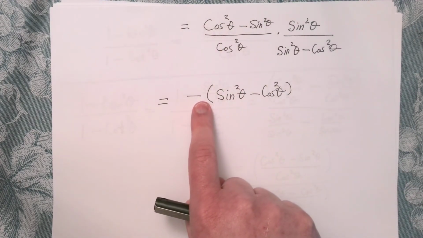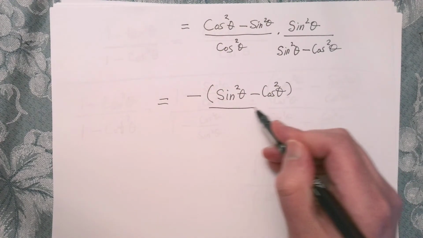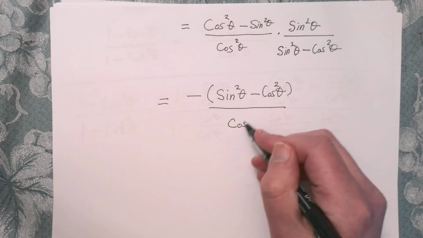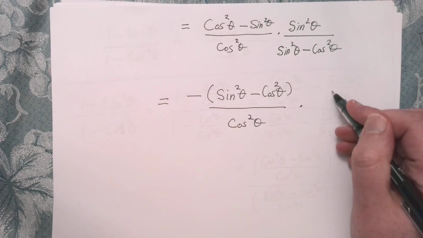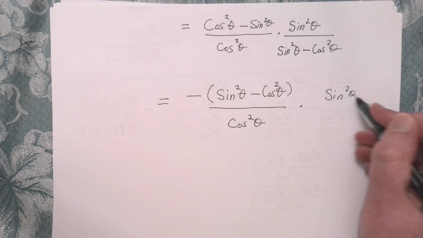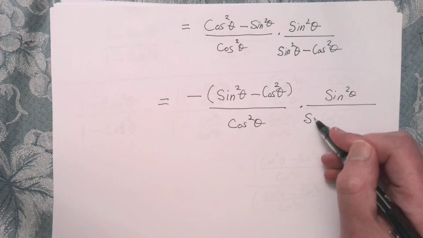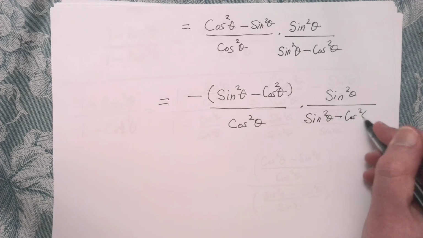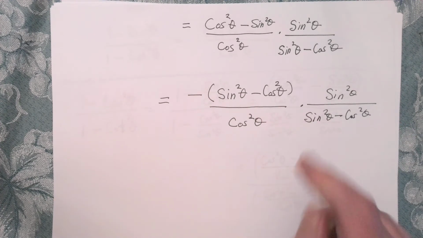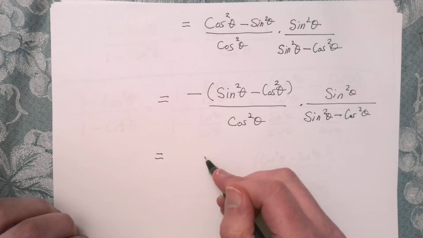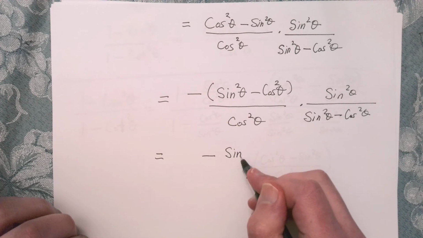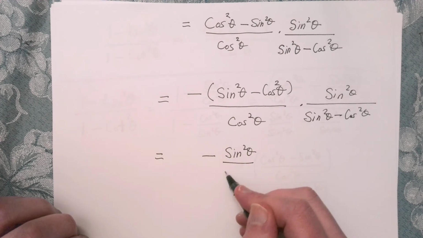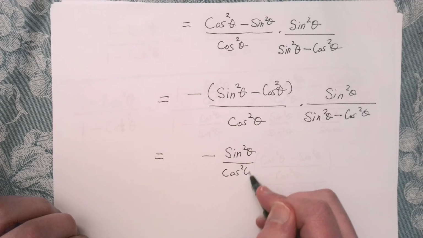So that factorization of -1 is fine. Okay, so those will cancel. And I have negative sine squared of theta over cosine squared of theta.